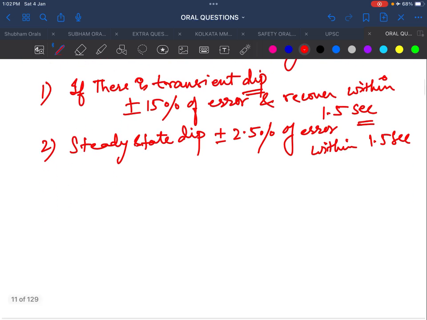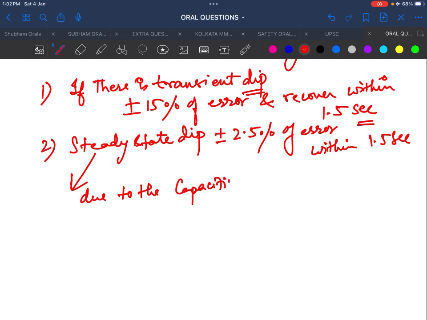And what is the steady state dip? It is due to capacitive or inductive type load. When the load is of capacitive and inductive type, due to this behavior there is stored energy, and due to this there is a drop in voltage, and it will continue throughout the circuit.